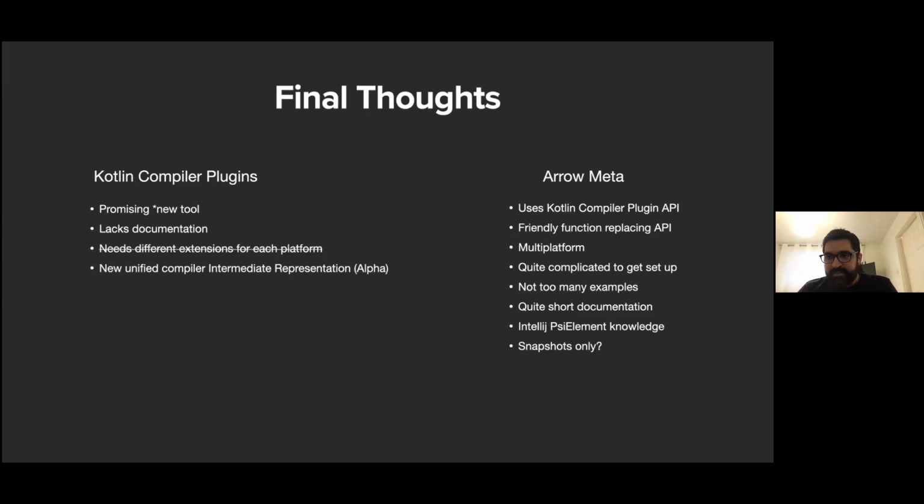But personally, I just want to end with a recommendation here. If you want to do the same thing these Kotlin compiler plugins do, which is to modify the code, and you are only targeting Java, I recommend you use a couple of tools in the meantime, while the Kotlin compiler plugin API is still in alpha.